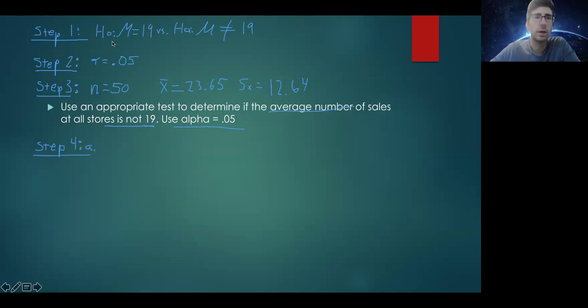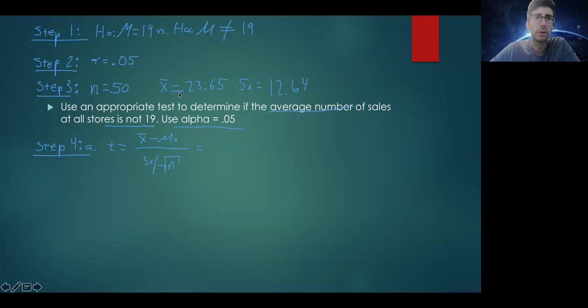For a hypothesis test about a population mean, we need to calculate a t statistic. So we take our sample mean, subtract from it our mu naught, which is the population mean in our null hypothesis. And then we have to divide all of that by our standard deviation divided by the square root of n, our sample size.